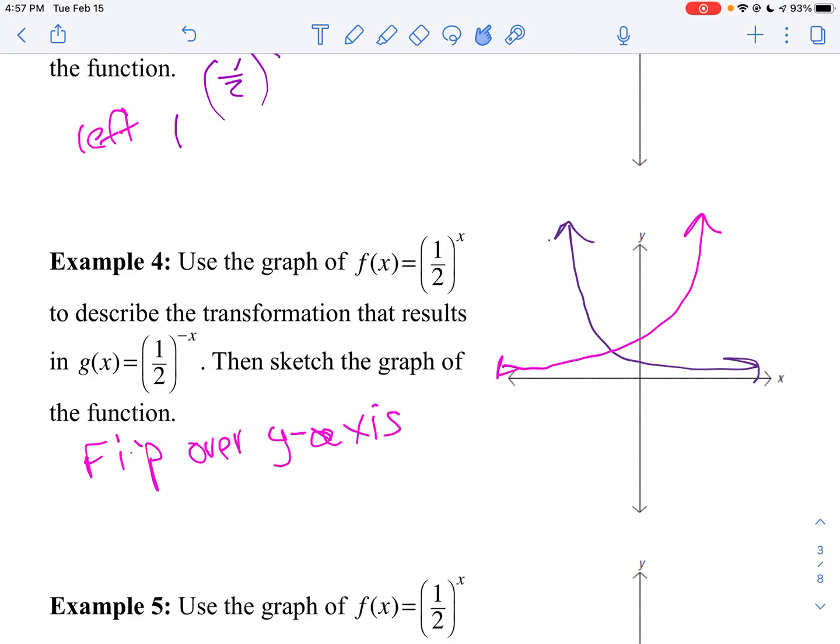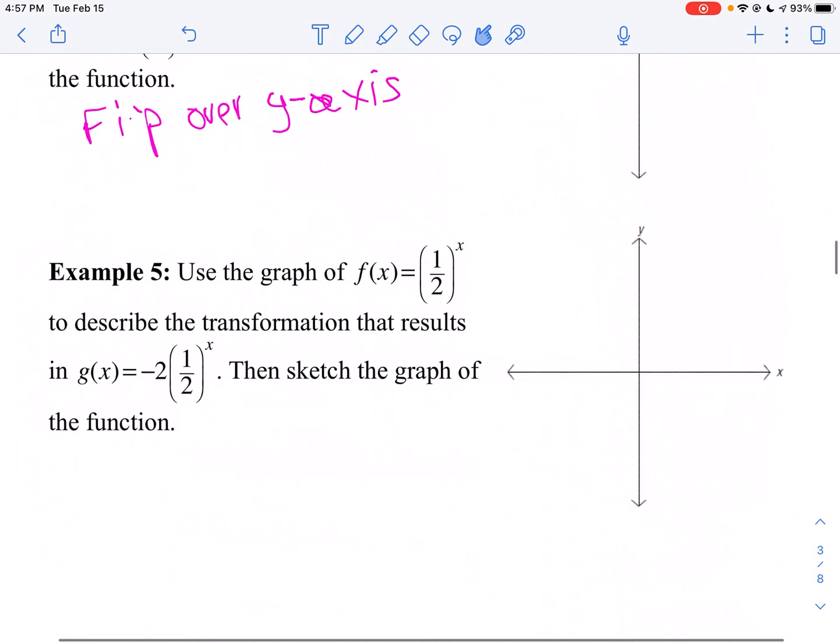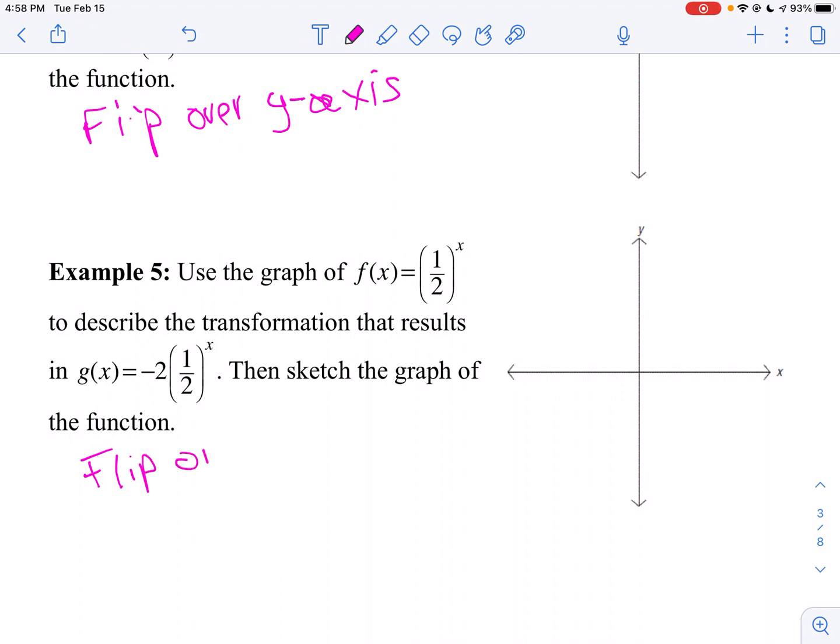Now if I look at my third function, I want to do -2 times 1/2 to the x power. So what happens is the -2 means I'm going to flip it over the x-axis, and then I'll dilate it by a factor of 2.